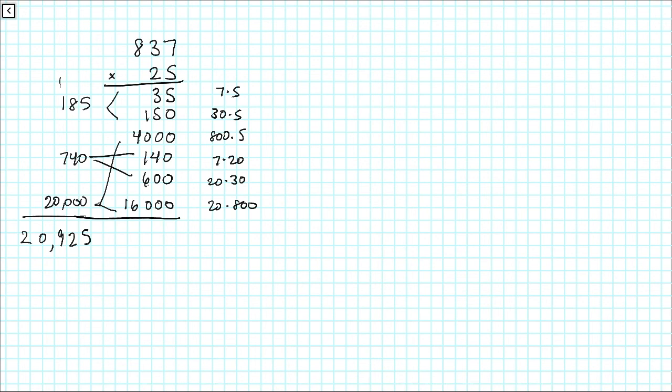So I hope this gave you some ideas about how to model multiplication with pictures, but also how to make sense of why we multiply, why this stacked multiplication works the way it does. I encourage you to try this with a few different examples and also go through the process of drawing the more detailed grid for a few problems that are on the order of something less than 50 times something less than 40.